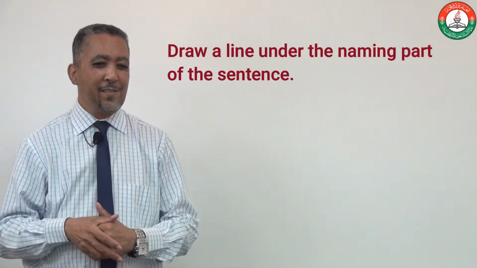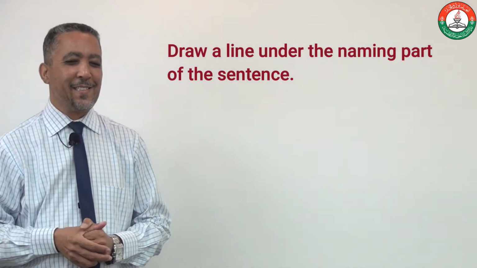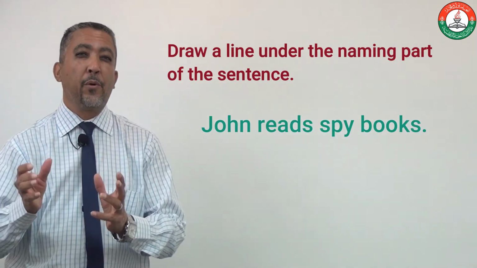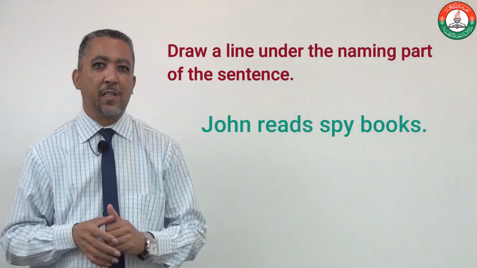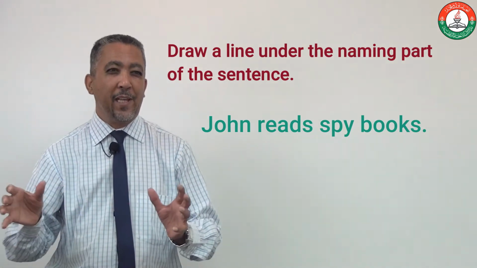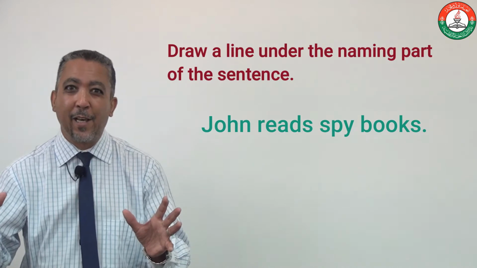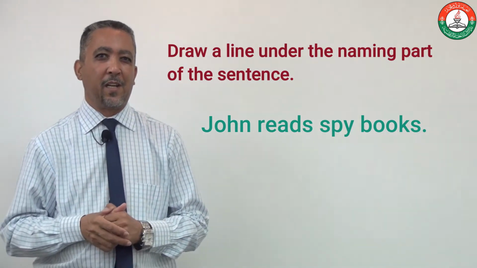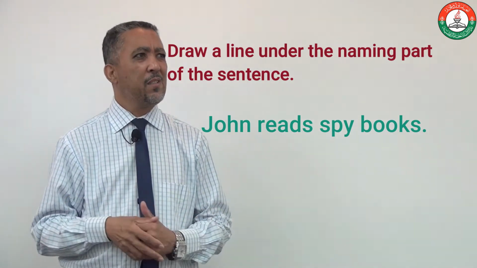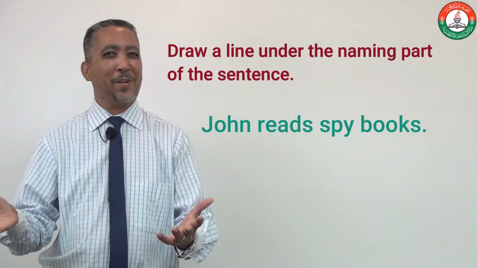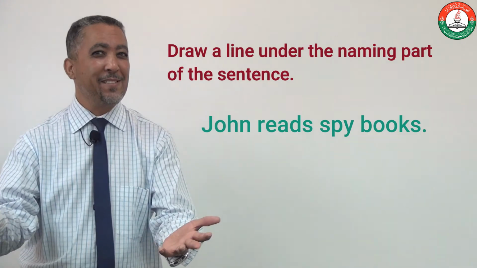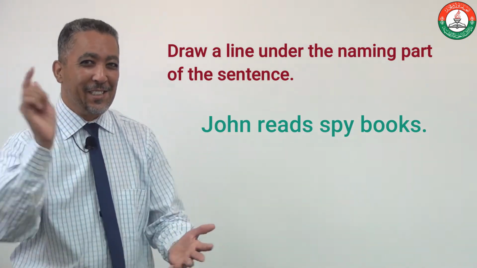And last one, John reads spy books. John reads spy books. Again, ask the question, who reads spy books? You know now how to do it. So who reads it? You're right.